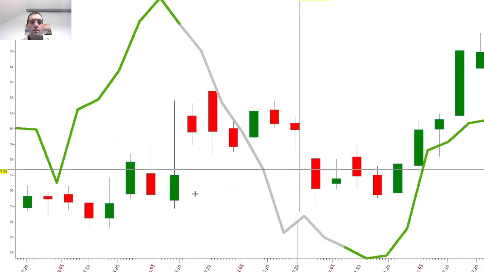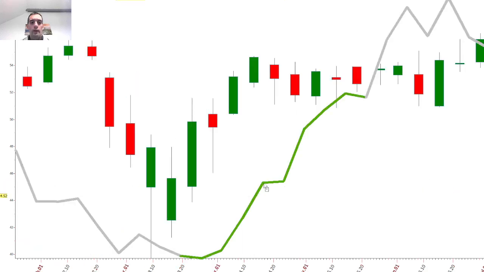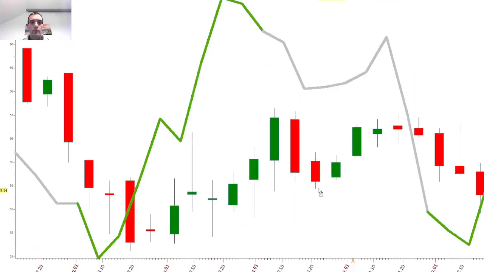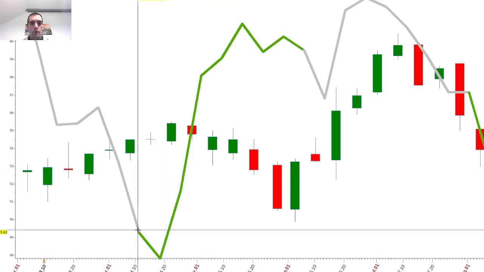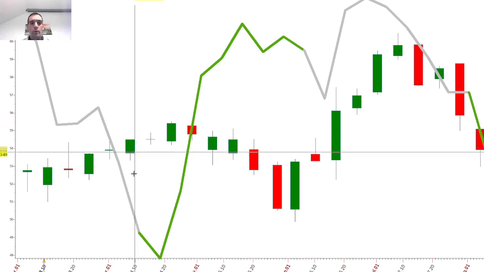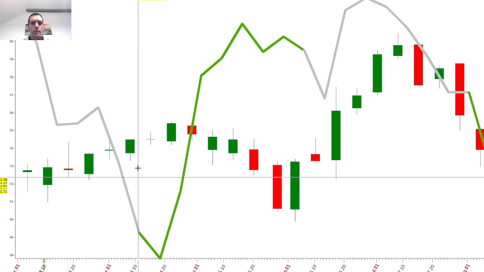I just want to locate a particular period of time where the green wave did not work out. Let's see if we can find one here, so we can understand what to look for in terms of the forecast not working out as planned. So this one looks fairly decent. The green wave forecast started around April 11th, 2019.